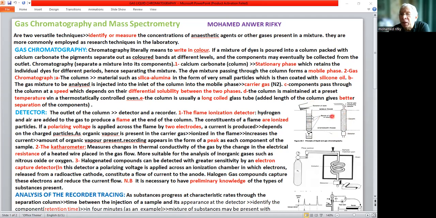Regarding the monitor that we will show, the column where we have the supportive media is made of silica alumina. These particles are coated with silicon oil.